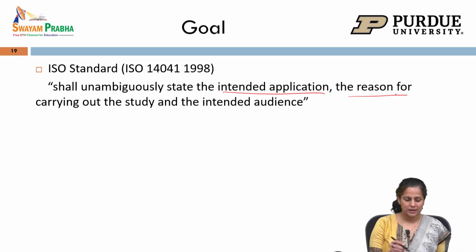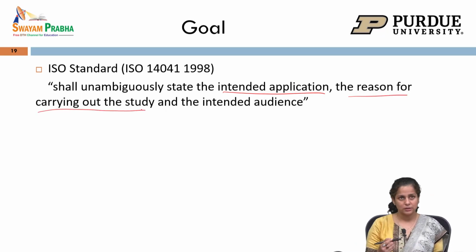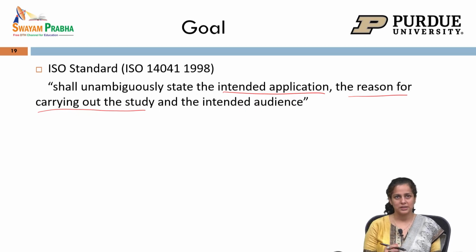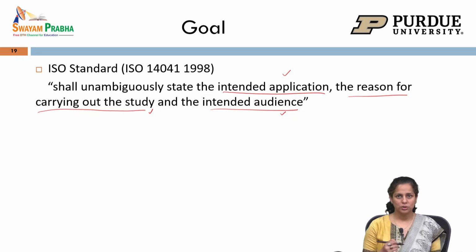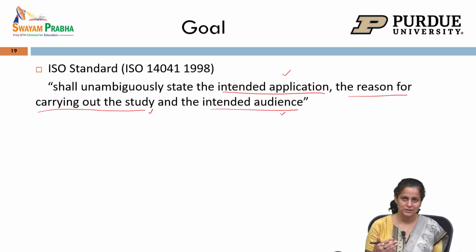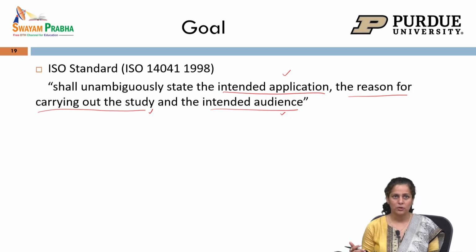The reason for carrying out the study: what is the reason for developing the LCA. And the intended audience, which means who is going to use your study. So, the intended application is where it is going to be used, the reason is why you are doing this, and the intended audience is who is going to use it. Based on that you set up your goal statement, and once you have the goal statement set up, then you go for the scoping of your LCA.